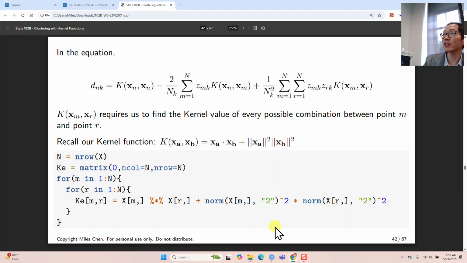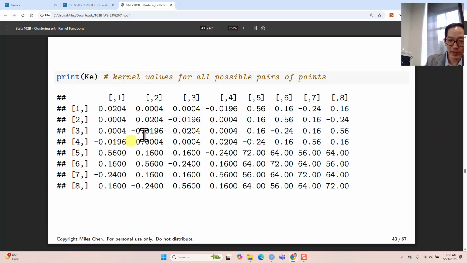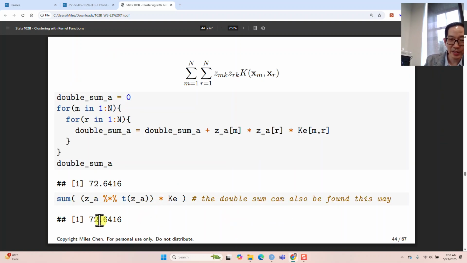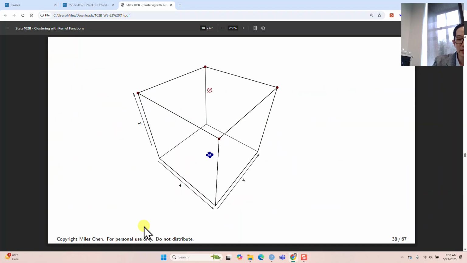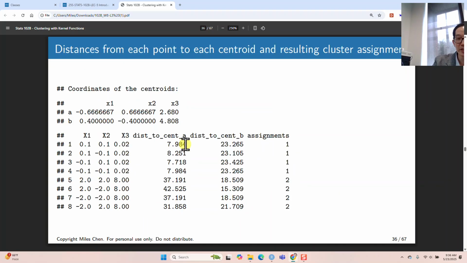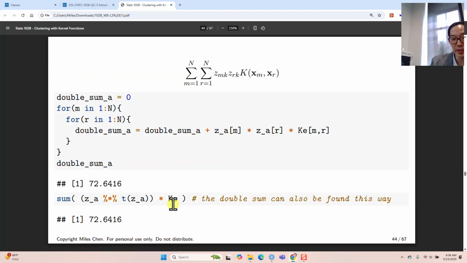If I calculate all of this, I get the distance from the first point to the centroid of cluster A as 7.984. And these are all of the other distances in that column, 7.984, 8.251, 7.718, and it's the same as these ones right here, 7.984, 8.251, 7.718, so on and so forth. And we can get all of the distances there.